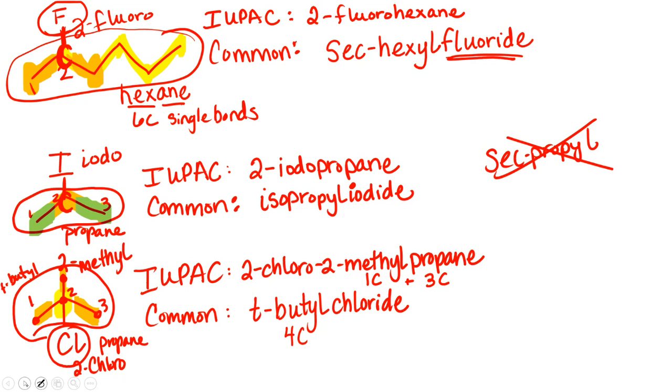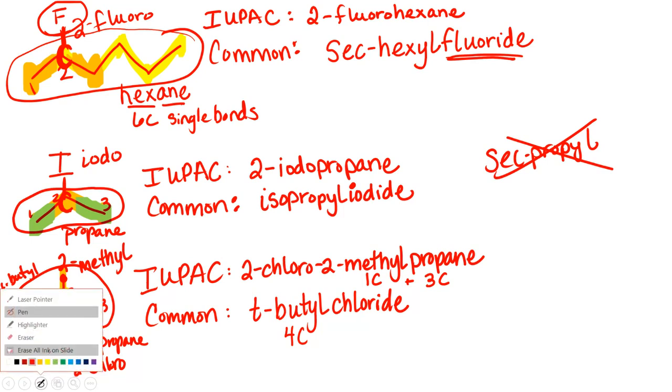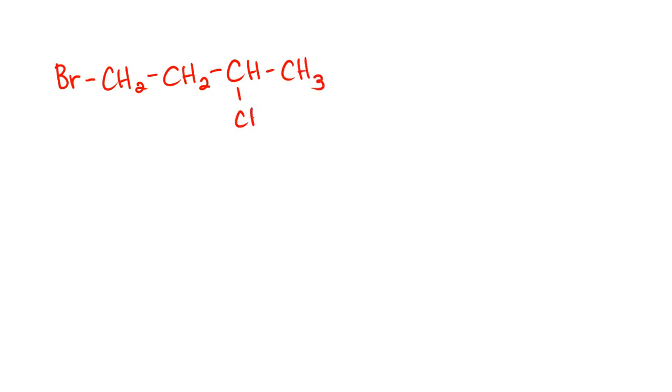Let's try just a few more examples. What about an example like this? Let's just draw it a little bit different. We can draw out the carbons for a change of pace, just to show you a little variety. Let's do IUPAC first.